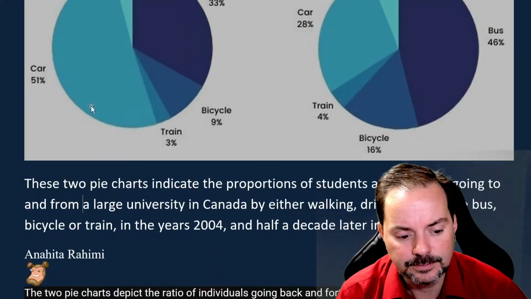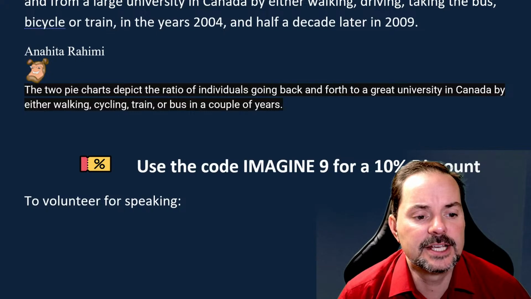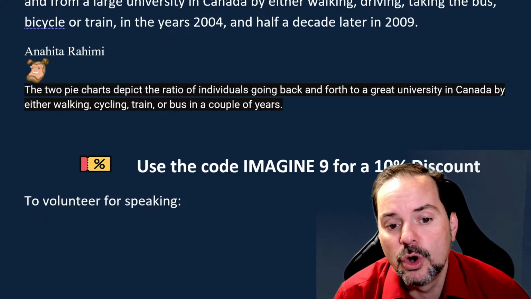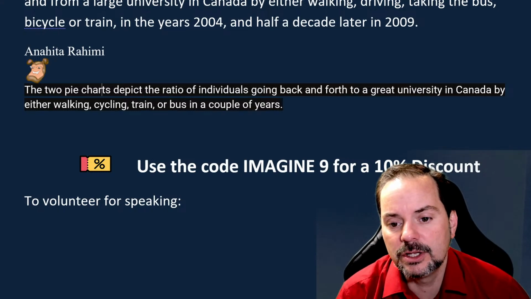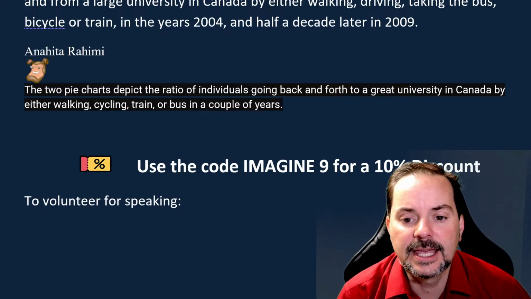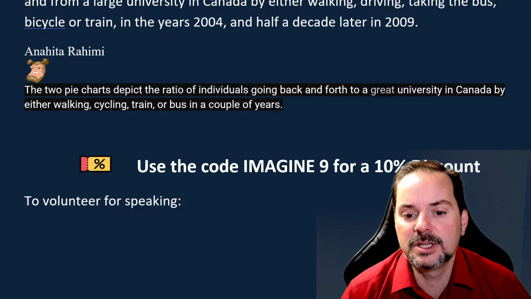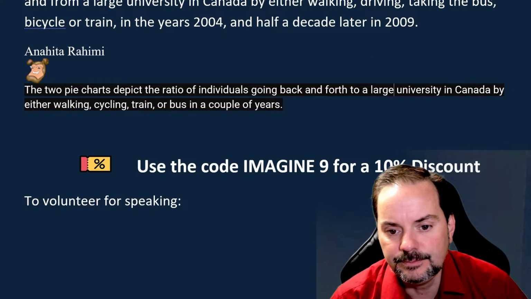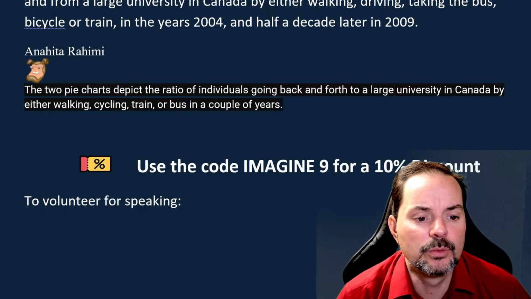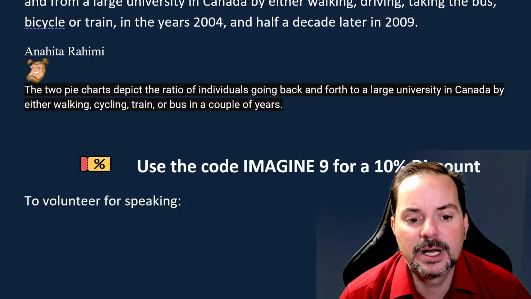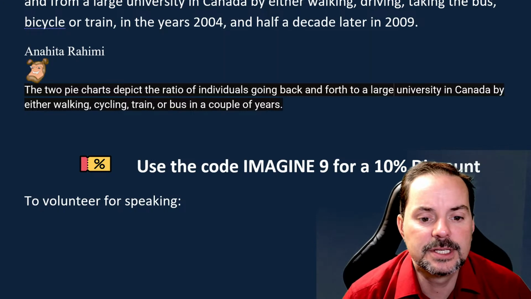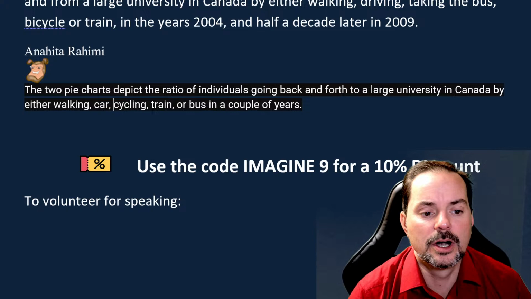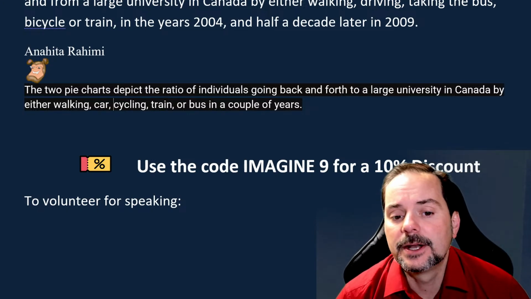Okay. All right. Anahita says the two pie charts depict the ratio of individuals going back and forth to a great university in Canada. Not a great, which means the quality here; large, okay, or big. University in Canada by either walking, cycling, train, or bus. Yep, and you're missing car here, Anahita. Walking, car, cycling, train, or bus in a couple of years.